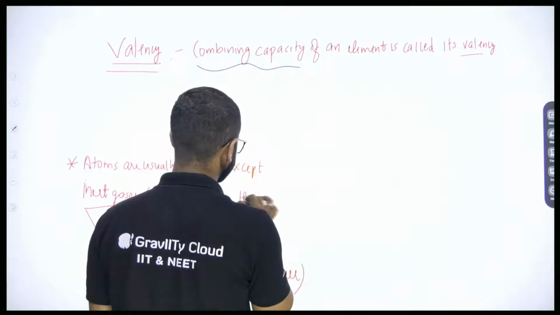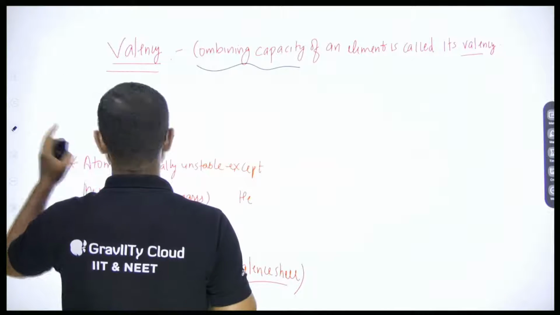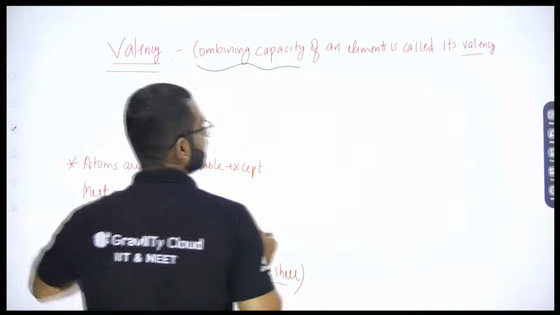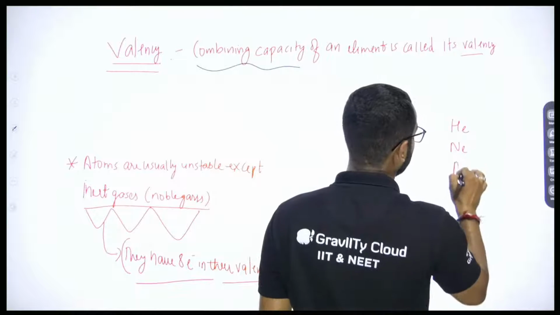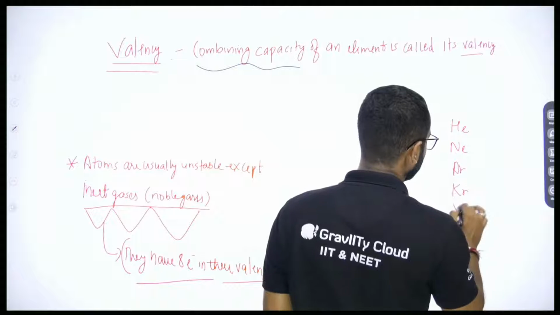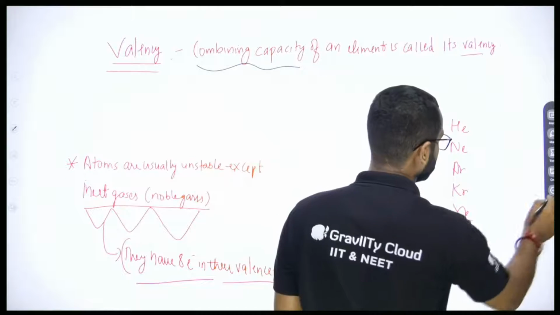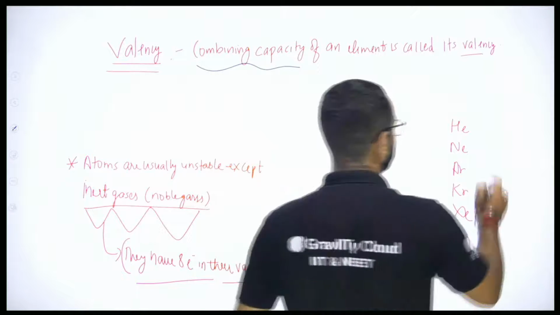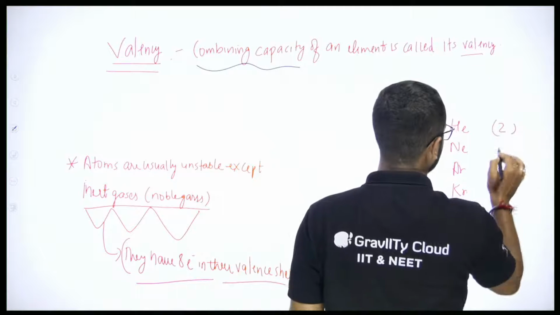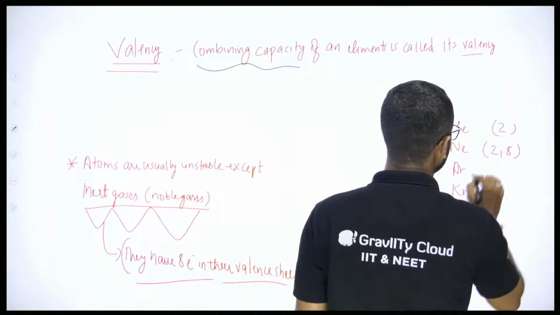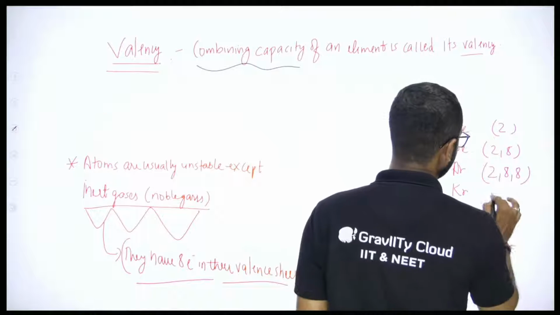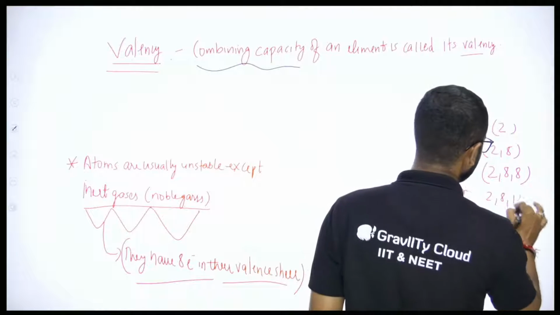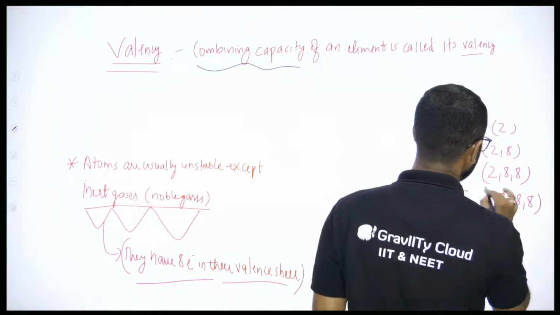Like we have helium, neon, argon, krypton, xenon, radon. All these noble gases are stable. Helium has 2, neon has 2, 8, argon has 2, 8, 8, right? Krypton has 2, 8, 18, 8.